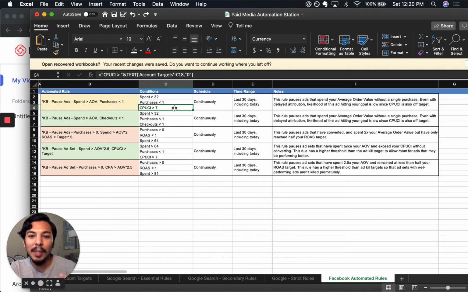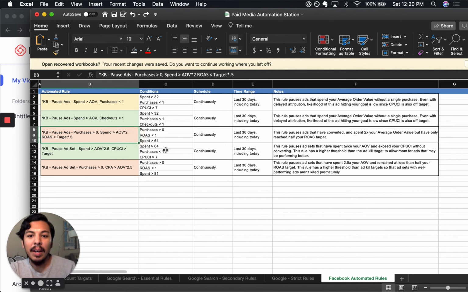So then I had to create something else that accounted for not having any checkouts to make sure that it would work out. So basically 2 rules to pause an ad if you don't have any purchases. One does so if you're getting checkouts but they're too expensive, and one does so if you have no purchases or checkouts whatsoever.